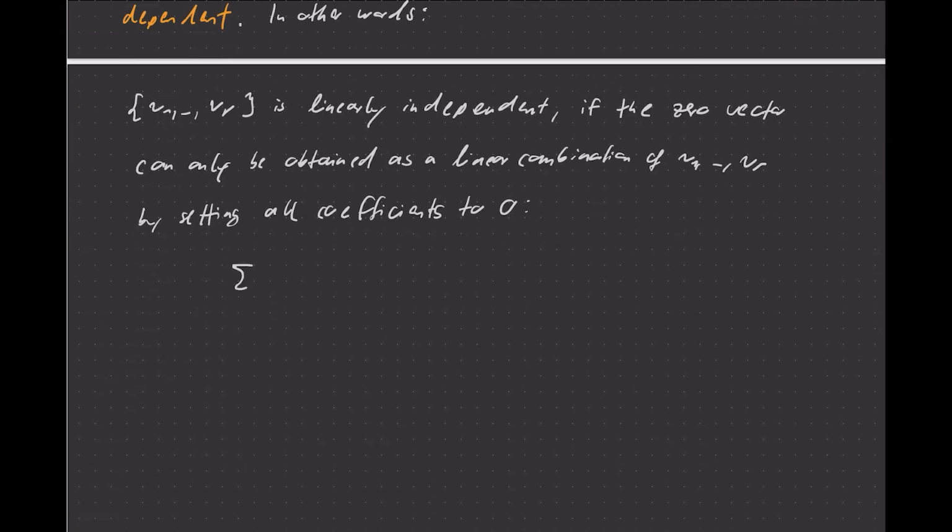So the sum of lambda i v i, i from 1 to r, being the zero vector implies that all the lambdas are the real number 0.